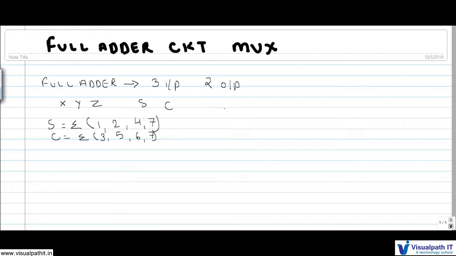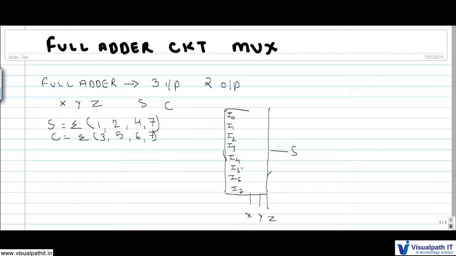So I will have a multiplexer circuit with I0, I1, I2, I3, I4, I5, I6 and I7, and there will be 3 selection lines X, Y, Z, and it will produce the output sum, right?